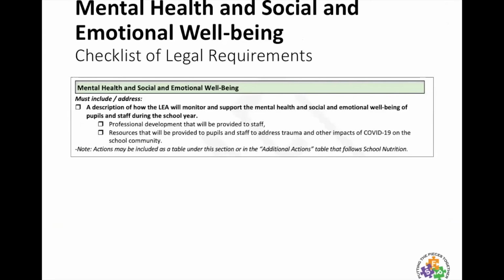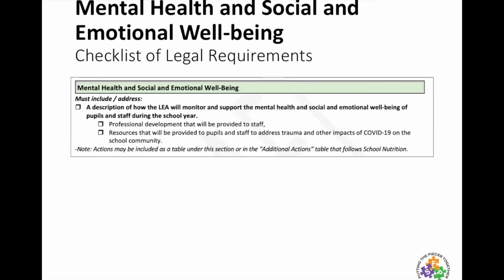Here's a screenshot of the mental health and social and emotional well-being section from the checklist of legal requirements. When completing this section, there are 3 components of the prompt that LEAs must address. First, LEAs must describe how they will monitor and support the mental health and social and emotional well-being of both students and staff during the school year.